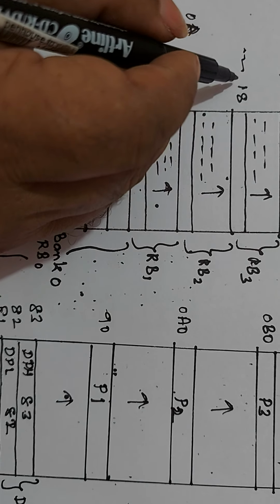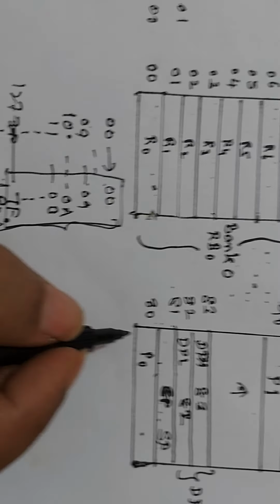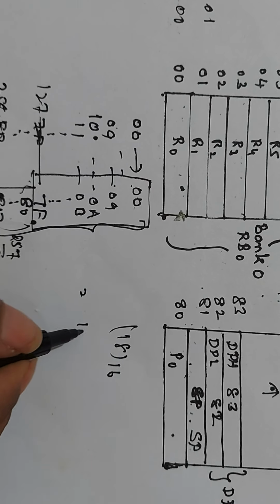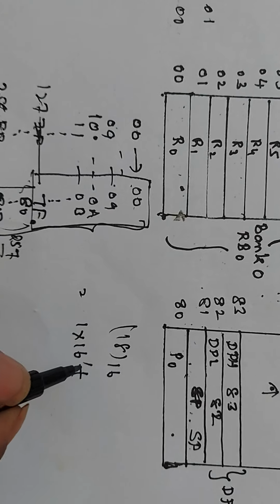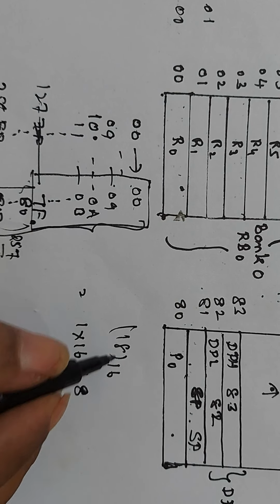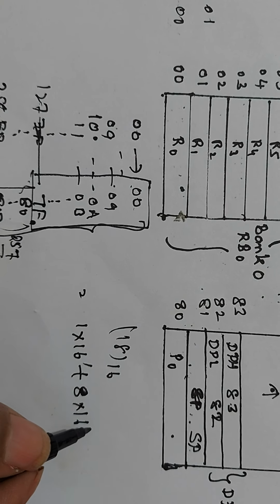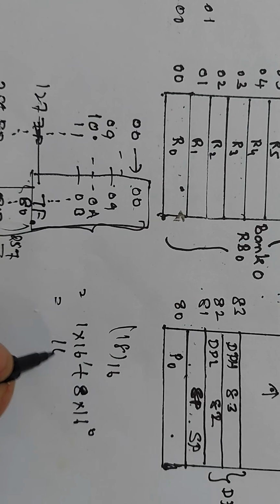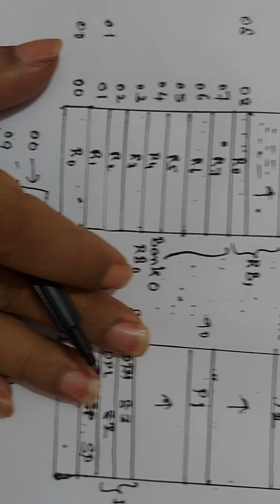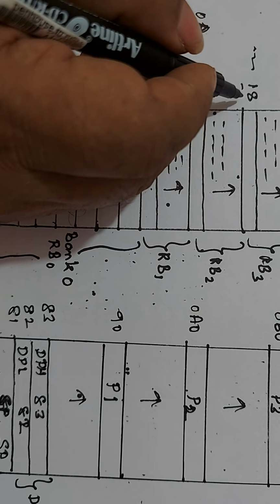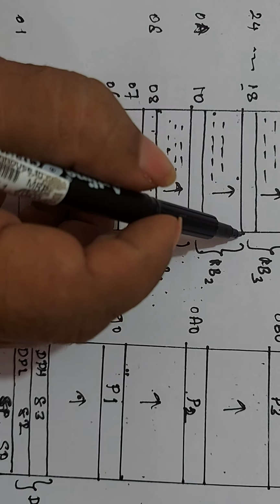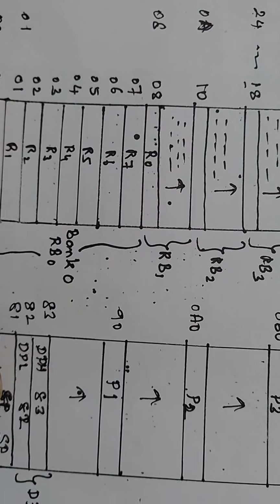How do you calculate 18? 18 in hexadecimal number equals 1 into 16 power 1 plus 8 into 16 power 0. That is 16 plus 8, which is equal to 24. Therefore, 18 in hexadecimal number is equal to 24, the 24th RAM location.